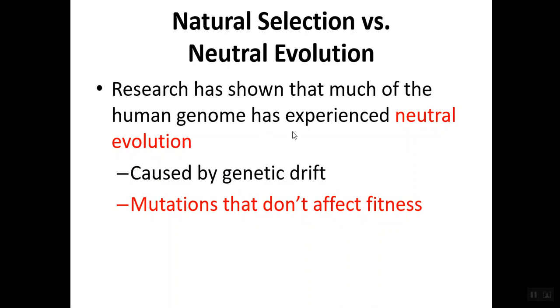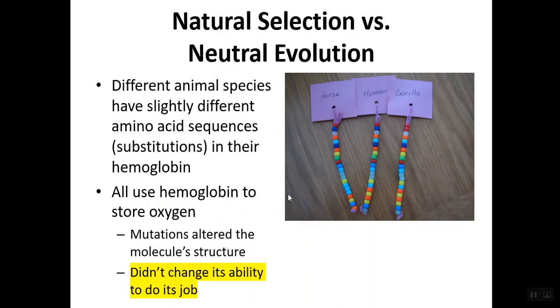So based on this concept, when we look at proteins in different species, we have many of these neutral mutations. Remember, DNA and proteins are made of single units that we call monomers.